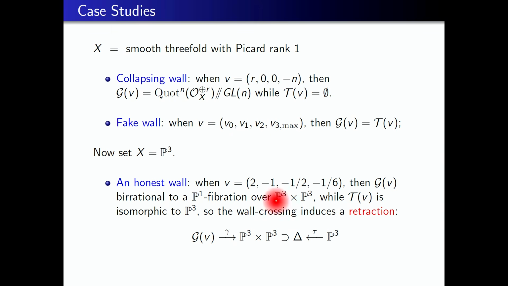And then this is a very precise example of an honest wall. If you take these sheaves, this vector, then I know precisely what the Gieseker moduli space is. The Gieseker moduli space is birational, on an open set, to a P1 fibration over P3 times P3. So that gamma map just goes to P3 times P3. Away from the diagonal in P3 times P3, the fibers of gamma are P1, and over the diagonal, the fibers are P2s.